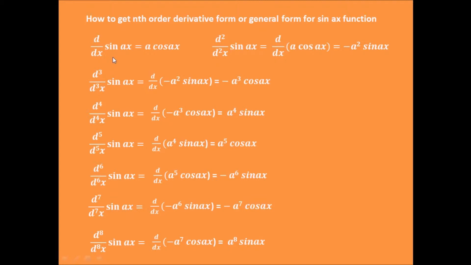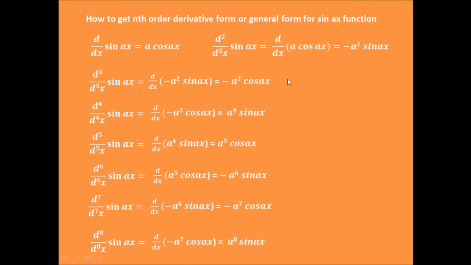The first order derivative of sine ax equals a cosine ax, and the second derivative of sine ax equals the derivative of the first order derivative function. So we have the second order derivative of sine ax equals minus a squared times sine ax.